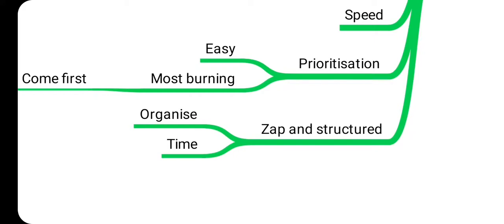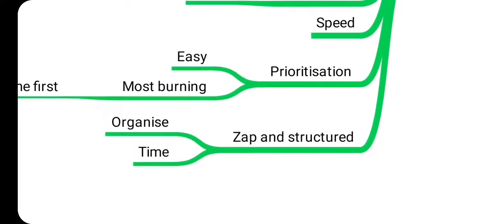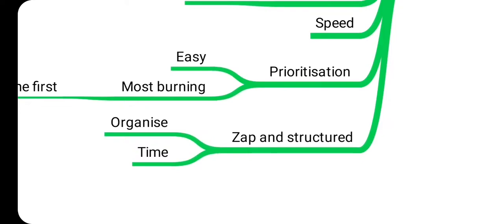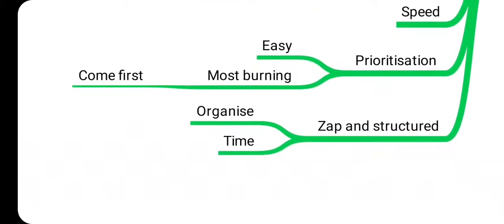That is important, but if you don't plan on the specific day, you might miss out the high priority items for that day. The most burning thing will come out easily on that day. You have to focus on that, otherwise you will be lost big time.